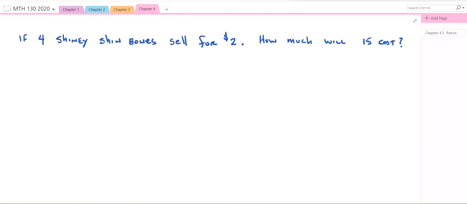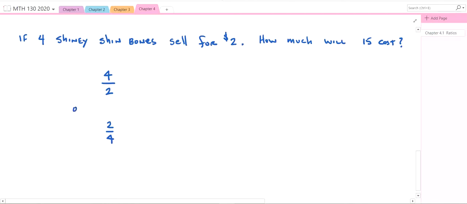Okay, so here's our problem. If 4 shiny shin bones sell for $2, how much will 15 cost? Well, we can solve this using proportions, among other methods. So I have to set up a ratio. 4 of them cost 2. I could do this the other way if I wanted.